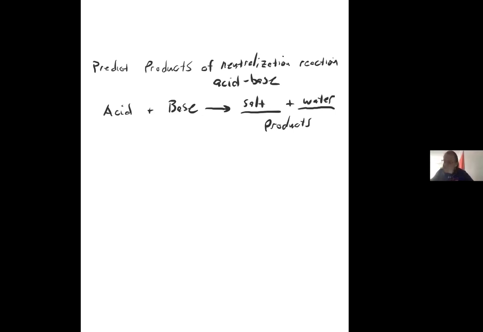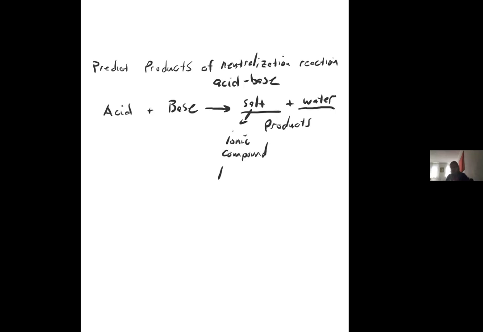Okay, so we can't claim that this is always the case, that you're always going to get a salt and water, but that's a very common process. And what do we mean by a salt? Well, technically, the definition of a salt is that it's an ionic compound that's produced from the reaction of an acid and a base. So that's kind of a circular argument. But a salt is typically an ionic compound.